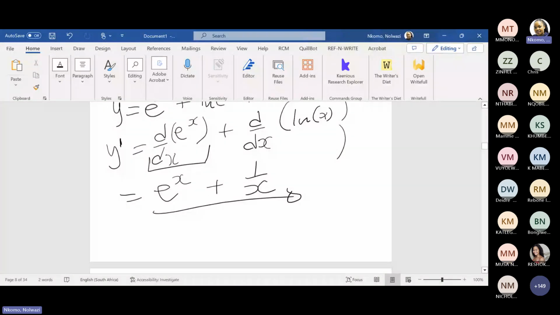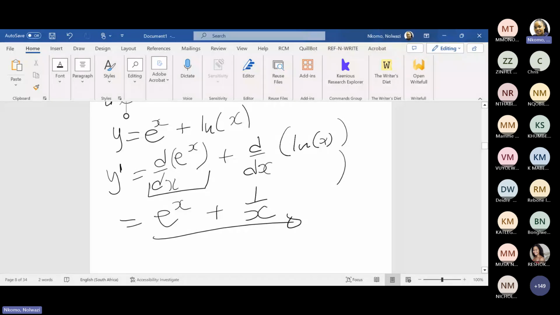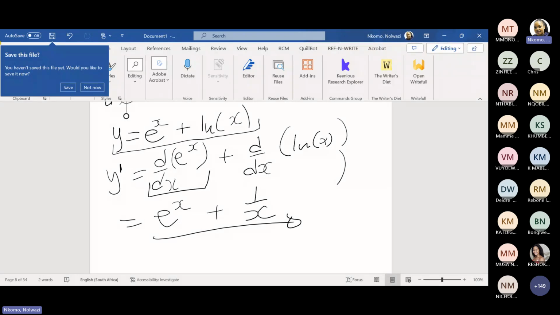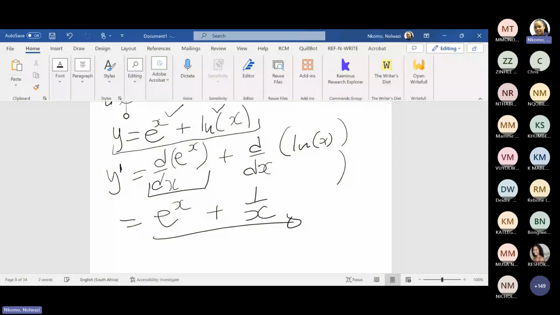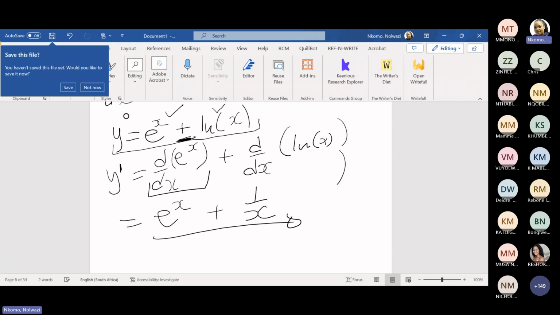Okay, then if you are given y equals e to the power x plus ln x, and you are asked to find the derivative of this function, then your derivative would be the derivative of this plus the derivative of this. Remember, we separate these using rule 5, which is the sum rule or the addition rule.